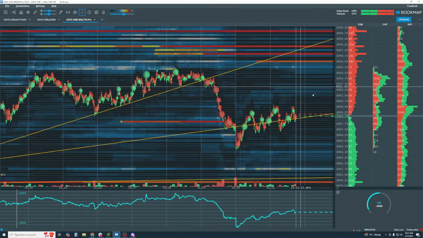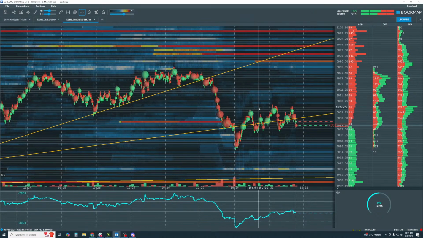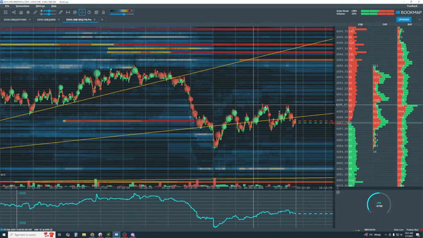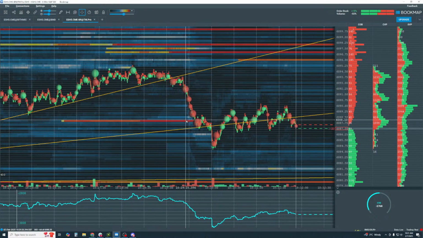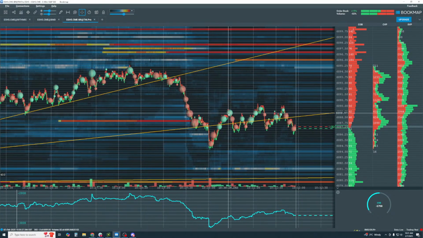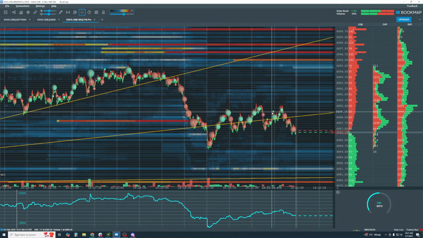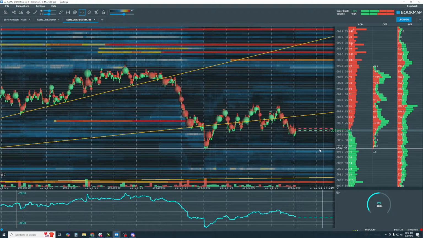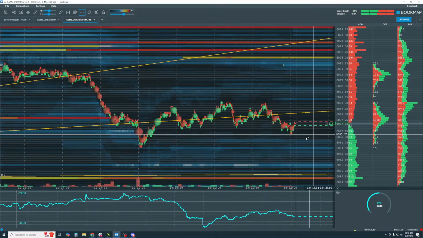Now you can see the buyers are struggling here, and we're going to look at the liquidity in here, but also the aggressors, and how many buyers are here relative to the sellers. I'm seeing more sellers than buyers.